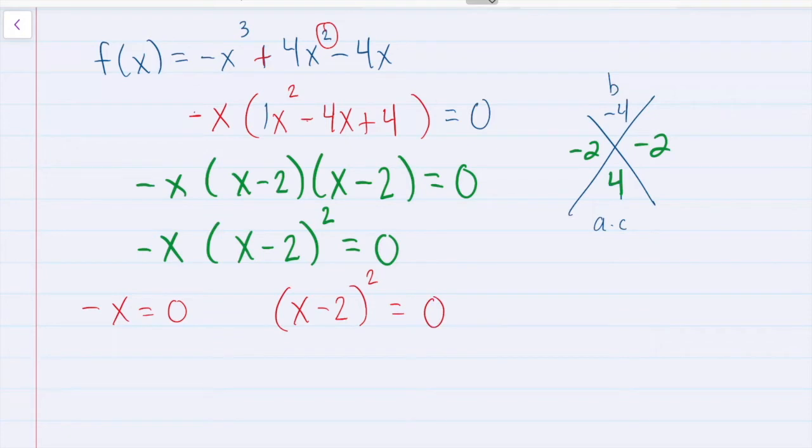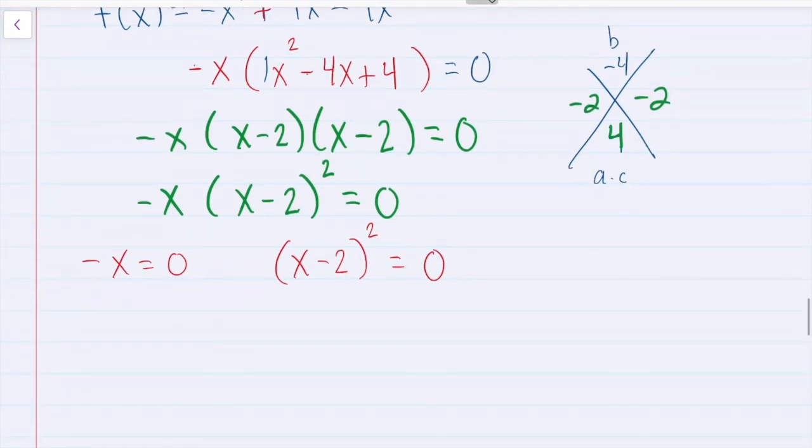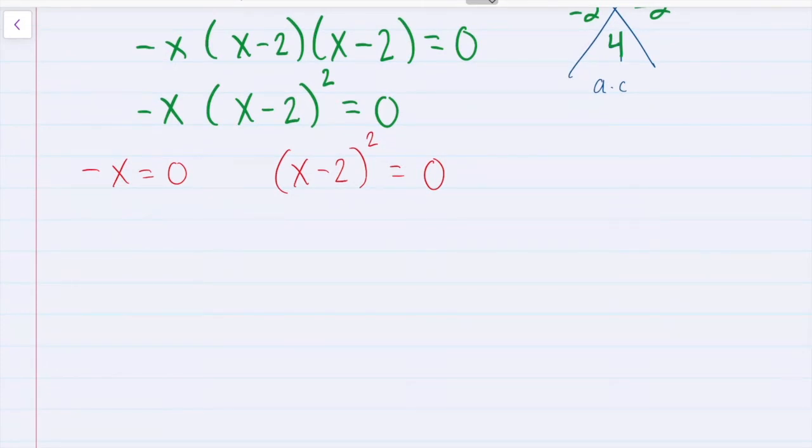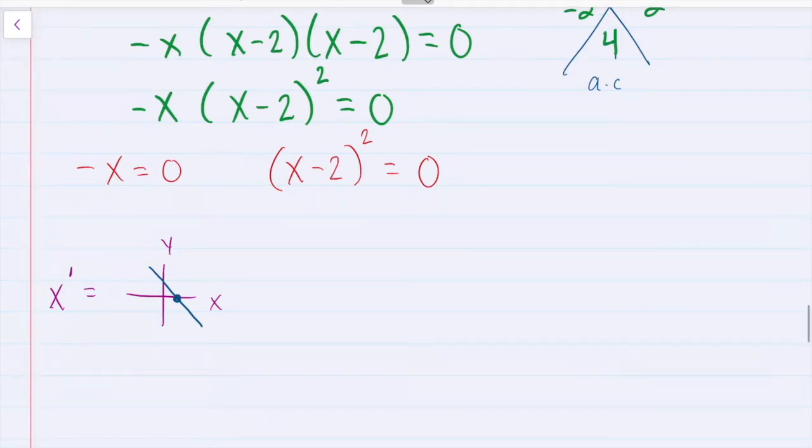So here is where multiplicity is going to kick in. Multiplicity basically says how the graph is going to interact when it crosses the x-axis. When my highest exponent is 1, when my line crosses the x, it's going to cross like a straight line because it's to the power of 1. When you have x to the second power, remember, it's a parabola.